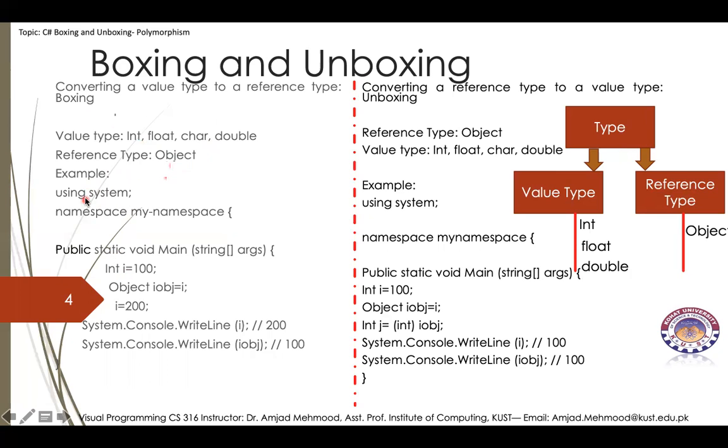Here you can see that this is the standard nomenclature of the C#.NET programming language, so I don't want to go into detail of that. Here you can see that we have the value 100, and we have an object type, and I am assigning the value type to the object type. Here you can see that this is done implicitly.